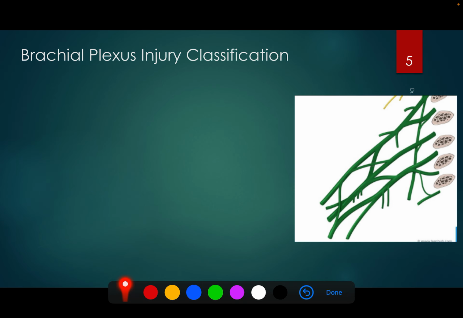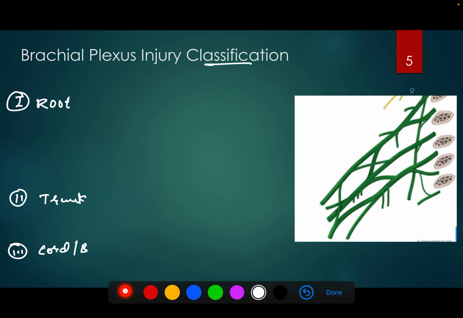And the brachial plexus injury classification, like in the last lecture we did some of the classification. Number one, brachial plexus root injury. Number two, the brachial plexus trunk injury. And number three, the brachial plexus cord and the branches injury.